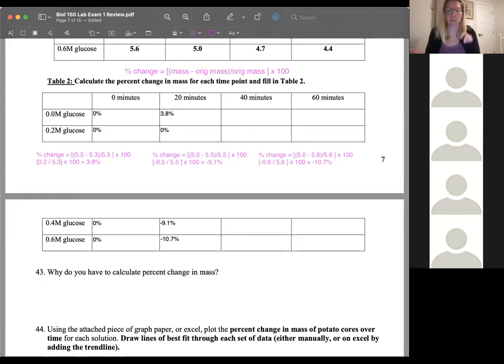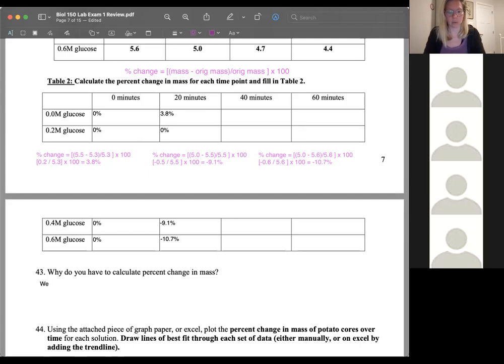We can know if the potato cells gain water or lose water.